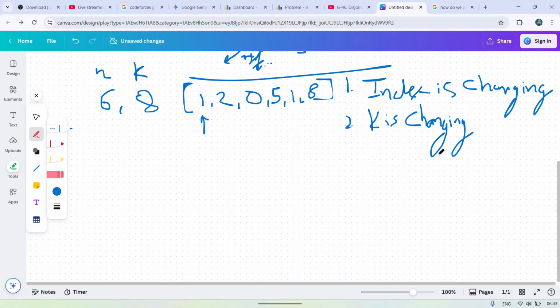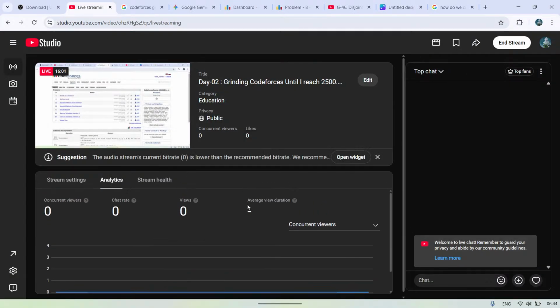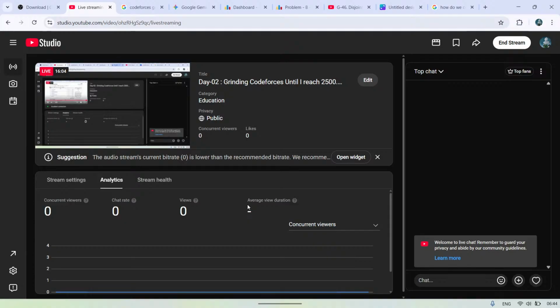So we need to think from that perspective. It's a 2D DP. So index is changing and k is changing and it's a 2D DP. Okay, how will I proceed? I'm also thinking if you have some approach, you can start mentioning them in the comments.